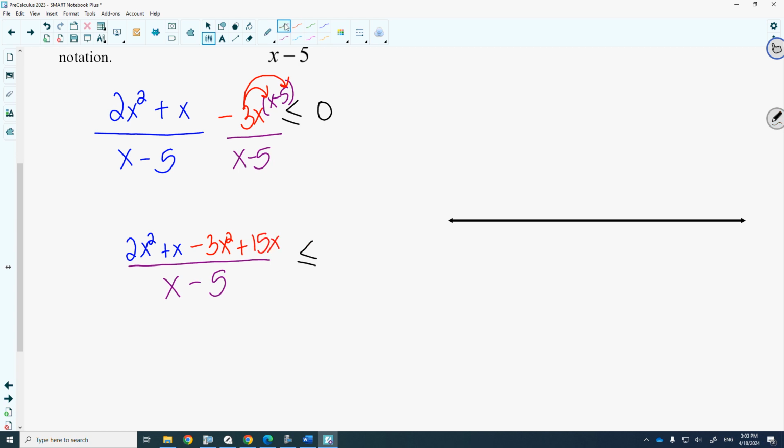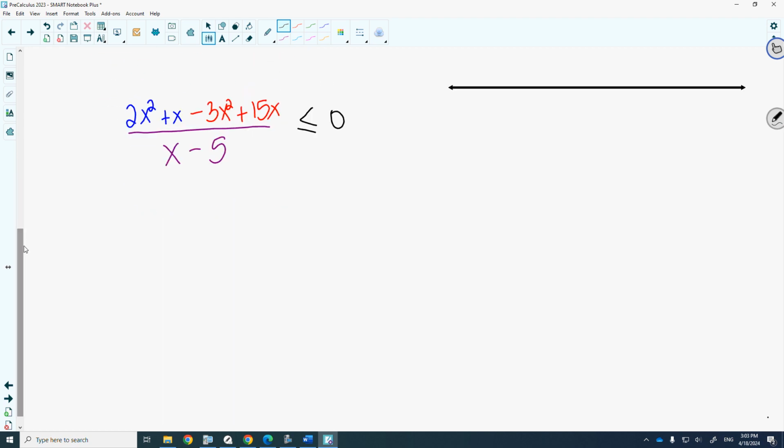This is all less than or equal to 0. Okay, let's simplify this numerator. So 2x squared minus 3x squared, that will give me negative x squared. And then x and 15 will give me plus 16x, all over x minus 5, less than or equal to 0.